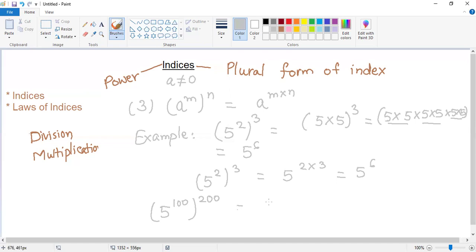You are not going to write this 100 times and then again that 100, 200 times. You simply multiply this, and that will give you 20,000. 5 power 20,000. That will be the answer.